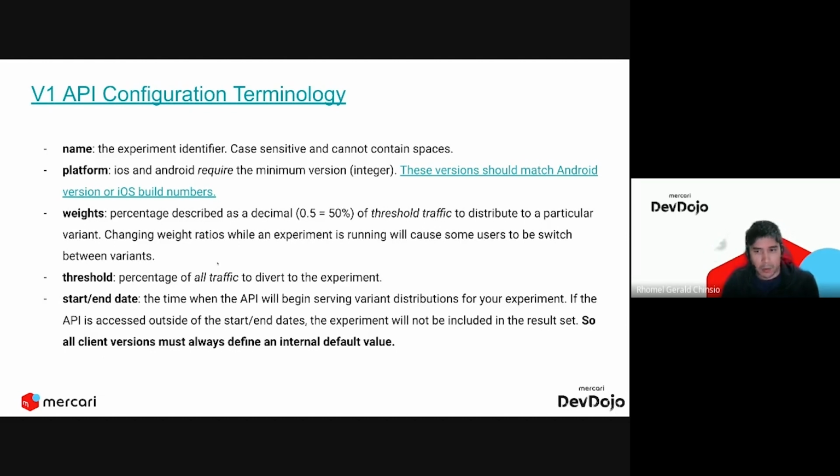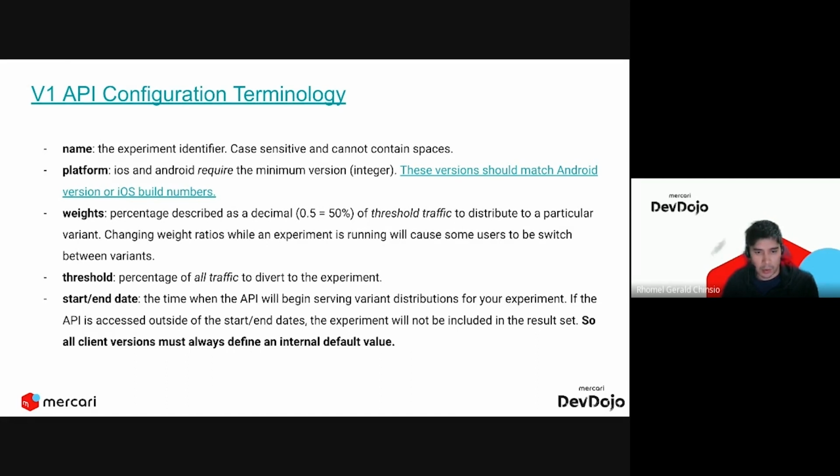We have several parameters to adjust how the treatments are randomized against the population. Some of these parameters do affect the balance or assignments in the current V1 API.